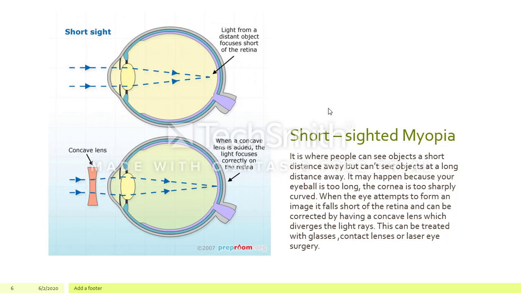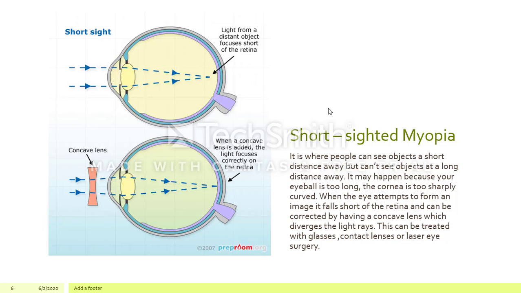When the light is refracted, the image doesn't land on the retina. It lands short, and the reasons for this are if your eyeball is too long and also if your refraction is too strong. This can be treated with glasses, contact lenses, or laser eye surgery.